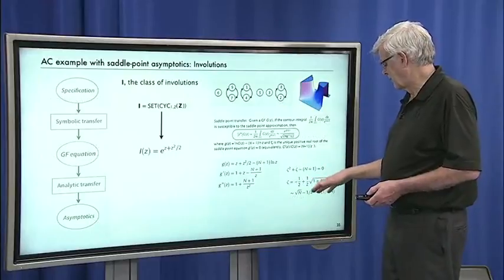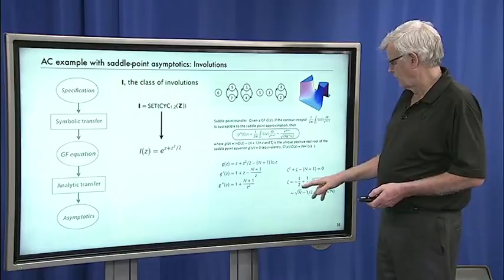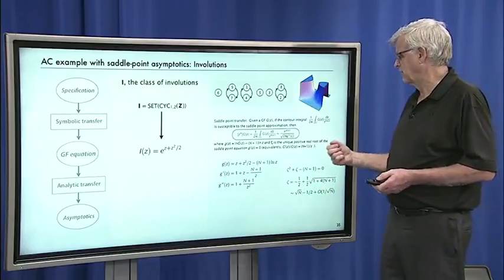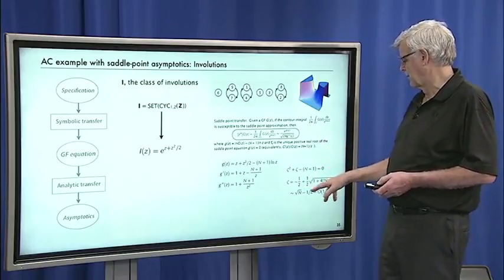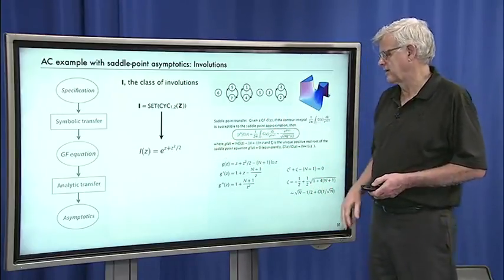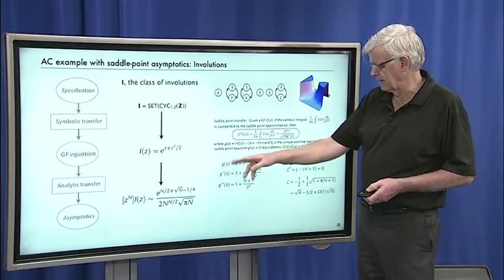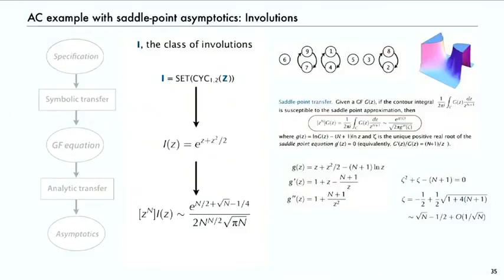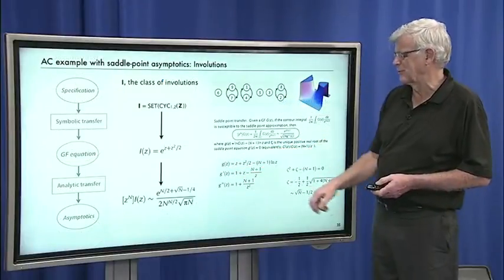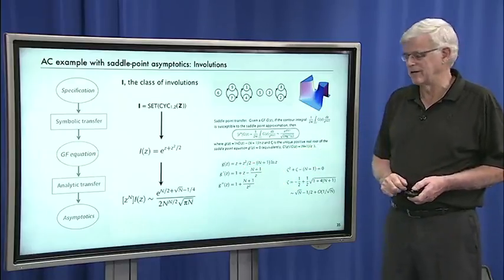Again, we want to work with an approximation to the saddle point to simplify calculations. The saddle point approximation says that we plug that square root of n minus 1/2 into the original equation, and that immediately gives the saddle point asymptotics: e to the square root of n plus n over 2 minus 1/4, over 2 n to the n over 2 square root of pi n.